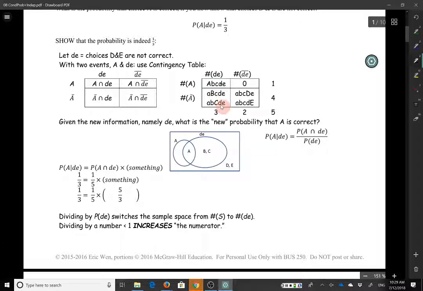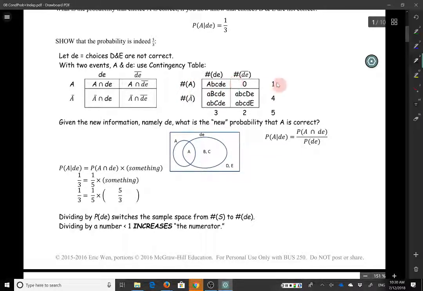So here's D and E are not correct, and B and C are true. Okay, and then the last case where basically D and E are correct and not A. So this is the entire not A set. So, right? And so the entire A set is here, and the entire not A set is here, and then all the cases where D and E are incorrect are here, and then the complement of those are basically over here.